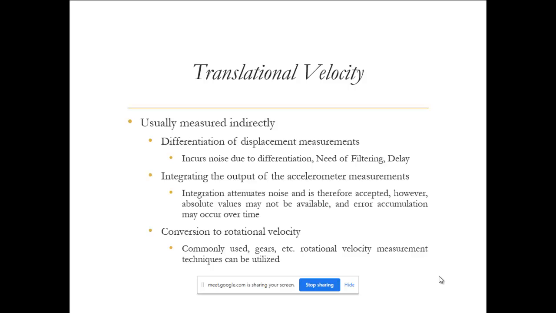The first one could be the differentiation of the displacement measurements. We have seen we have some instruments that can be used to measure the displacement, so we can differentiate those signals.